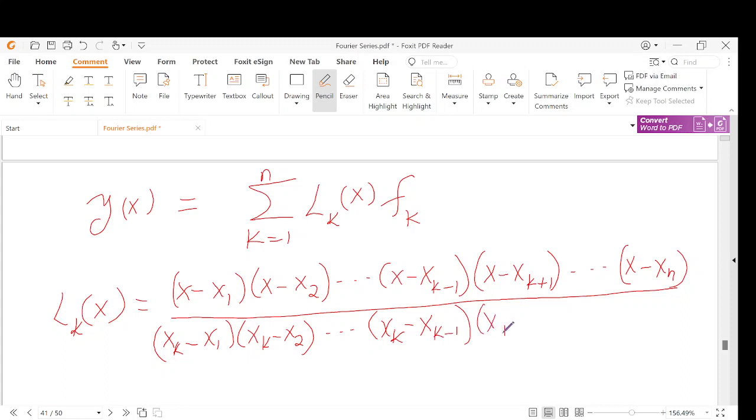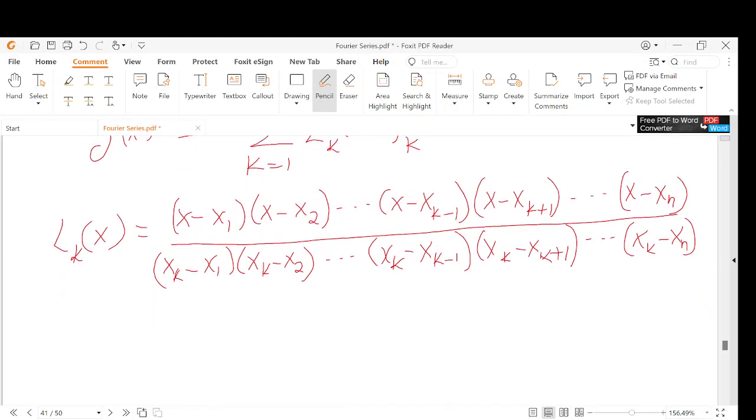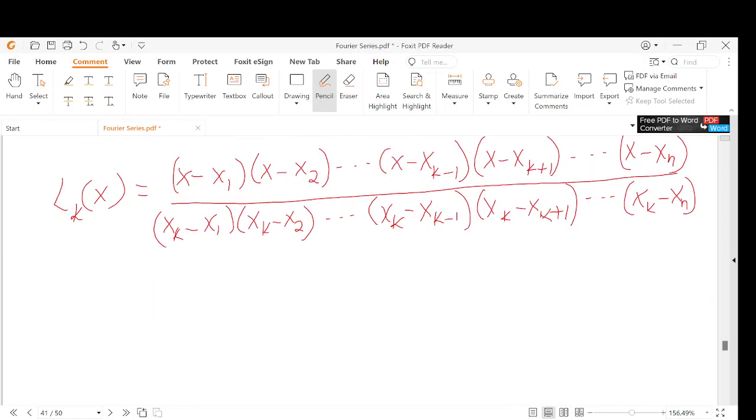Then we have xk minus xk plus 1, all the way up to xk minus xn. Basically, we can write this in a simplified notation as the product of the quantity x minus xi divided by xk minus xi.